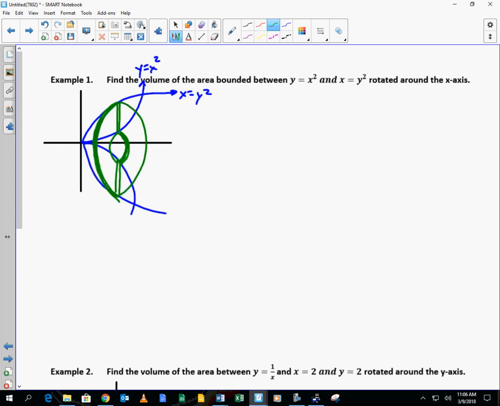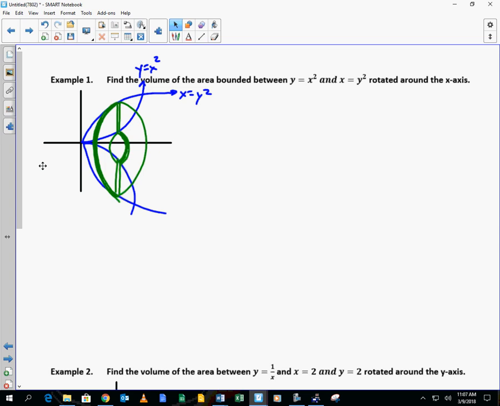So the question is, how do I know which point to revolve it? So I chose this rectangle. See that? That's the x value at which I'm choosing to work. You could put the rectangle anywhere between these two spots. You'll still calculate the same volume of that washer.